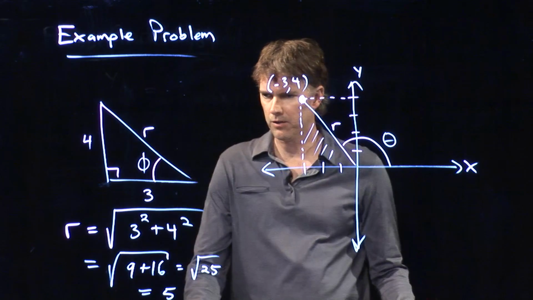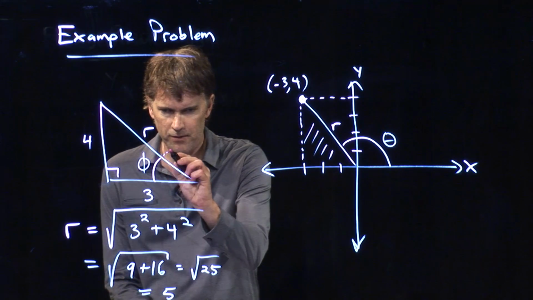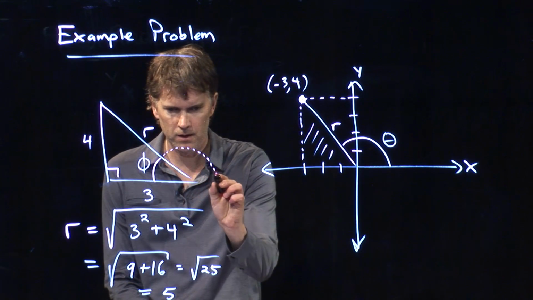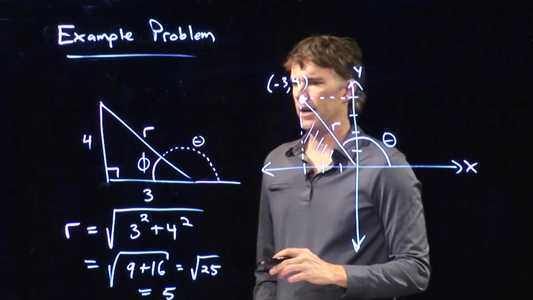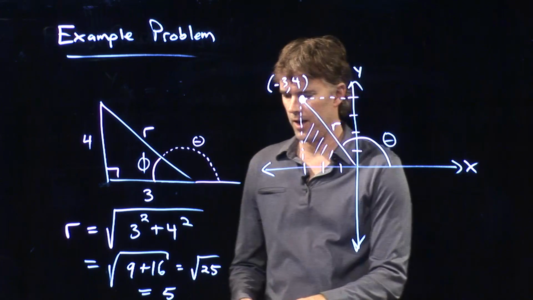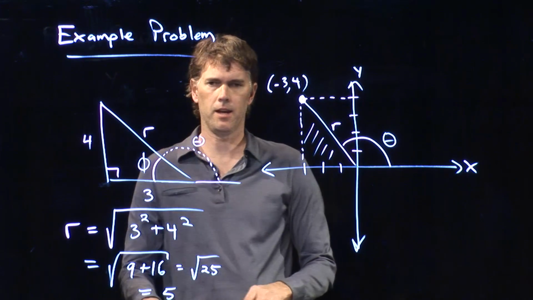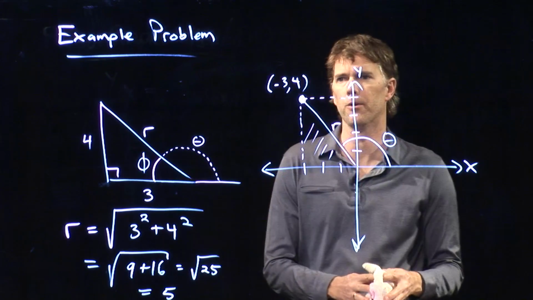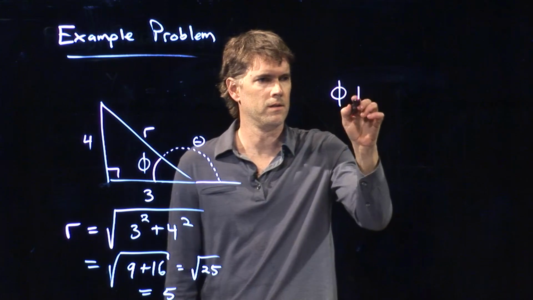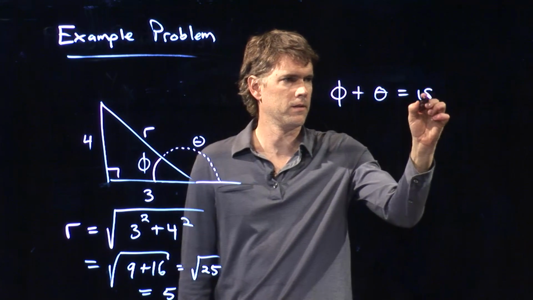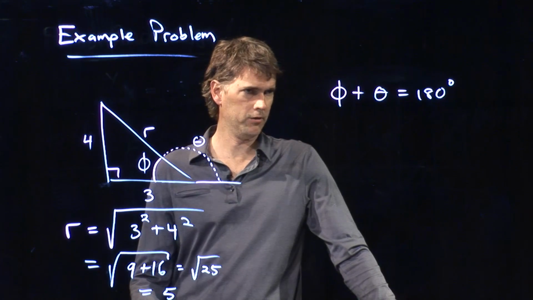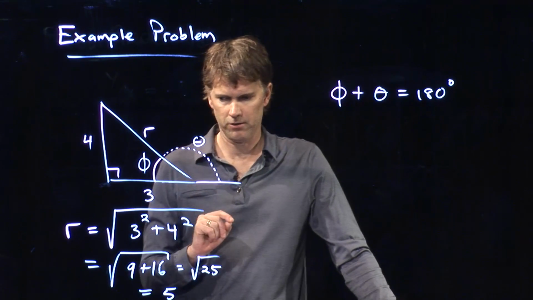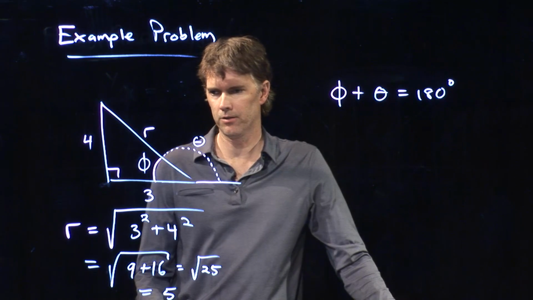And then what we can say is the rest of the angle is theta. And so right off the bat, we know that phi plus theta has to equal 180 degrees. Okay, phi plus theta is equal to 180 degrees. If we can determine what phi is, then we know exactly what theta is.